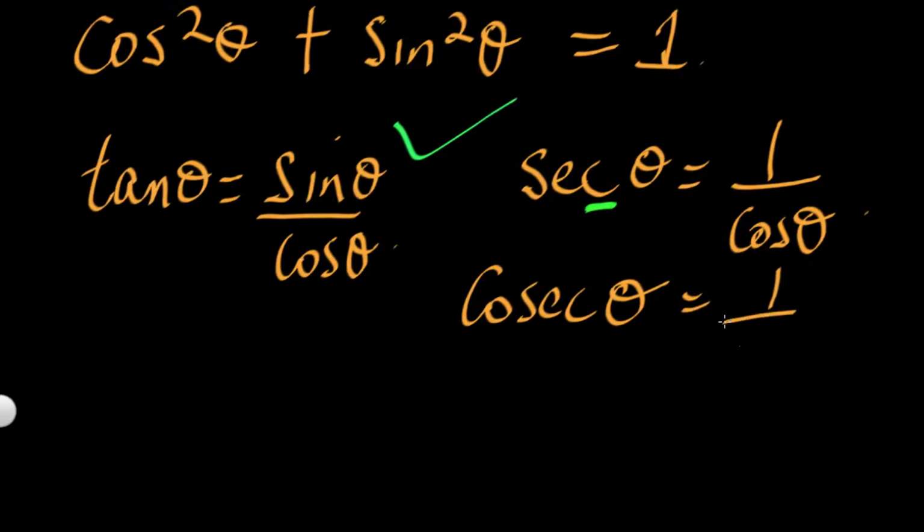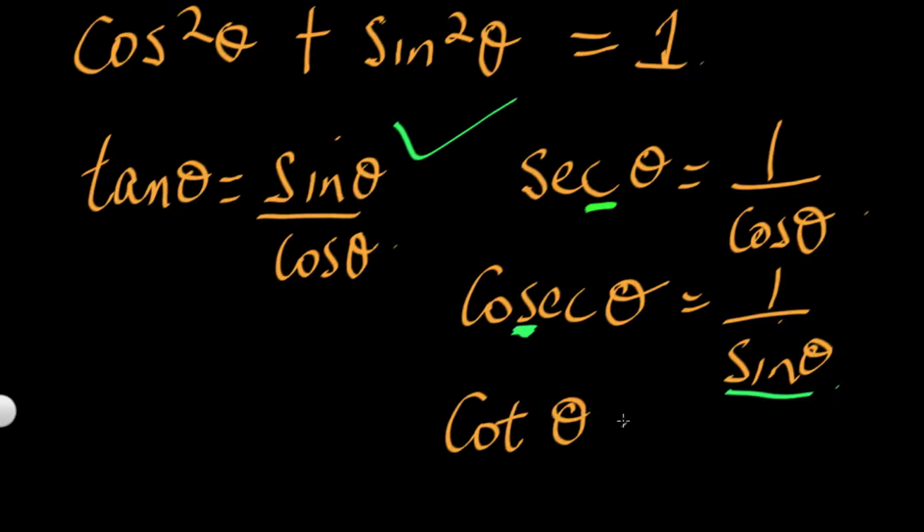This is 1 over sin theta. Check the third letter. It's an S, and we use the trig ratio sine. Then we have cotangent of theta, cot theta, which is 1 over tan theta. Again, the third letter gives you a hint of what to use in terms of sine, cos, and tan.